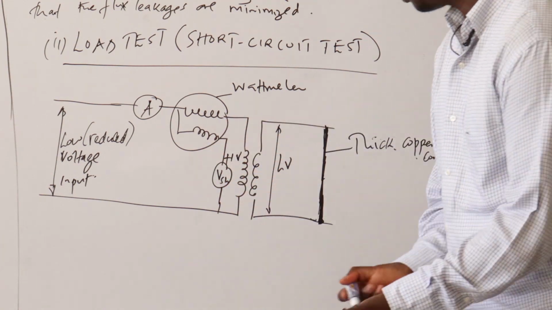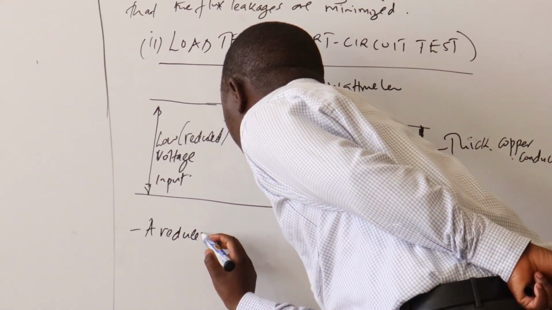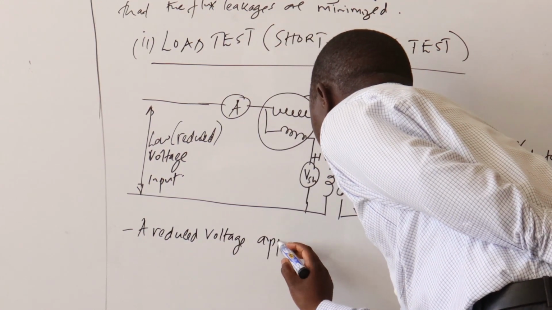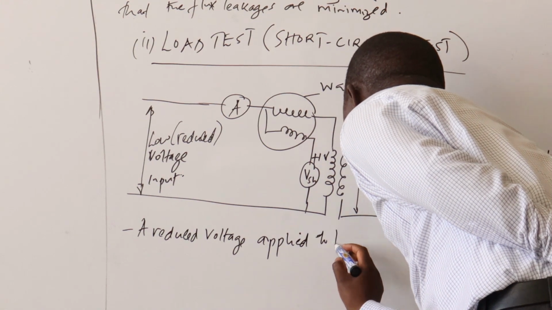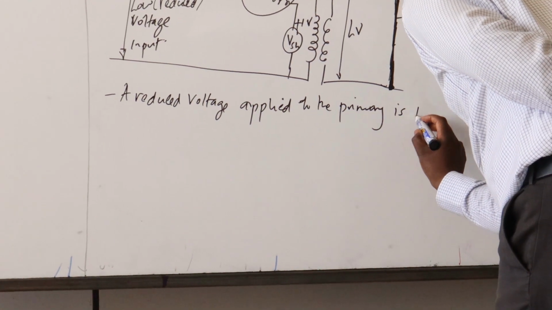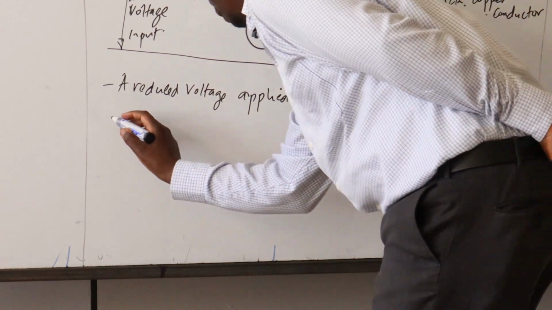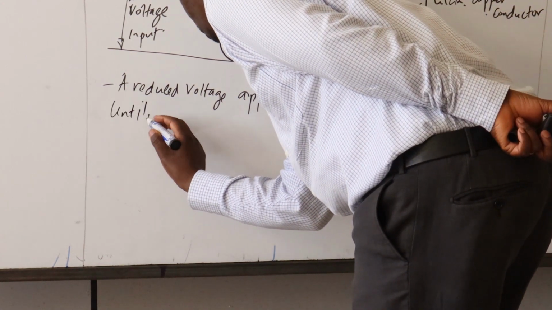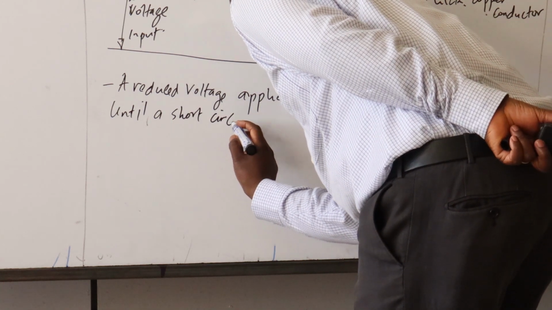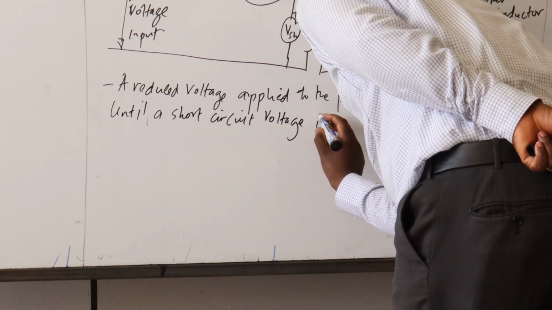So in this case, a reduced voltage applied to the primary is increased until a short circuit voltage is recorded.